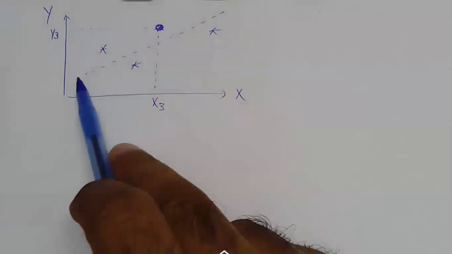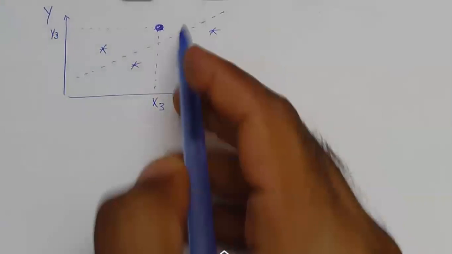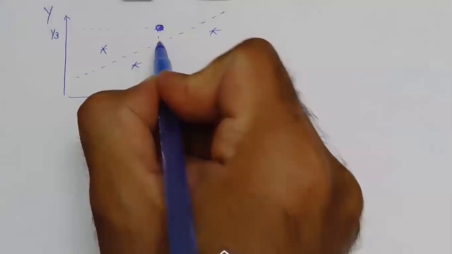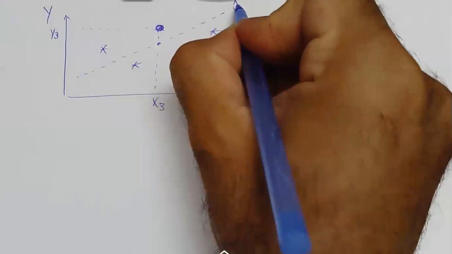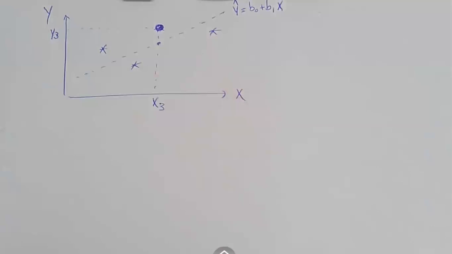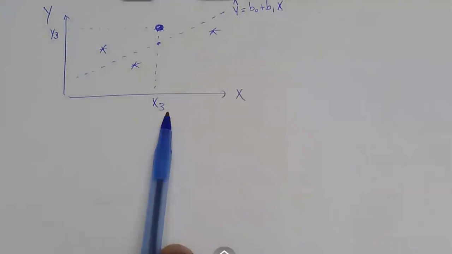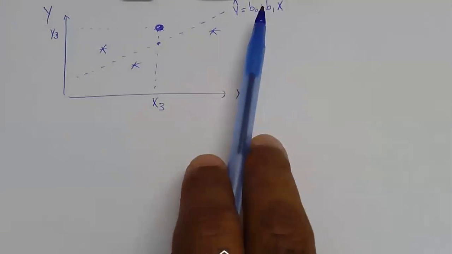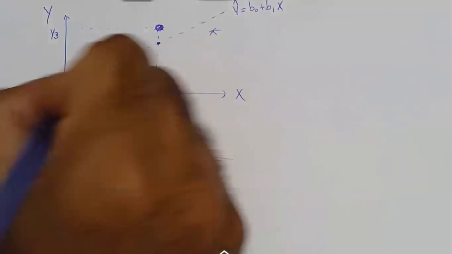Also, if I have the equation of my regression line, I can find this point by plugging in. So if y hat equals B0 plus B1x is the equation of my estimated line, if I plug X3 into this equation, it is going to give me the value of y hat 3.